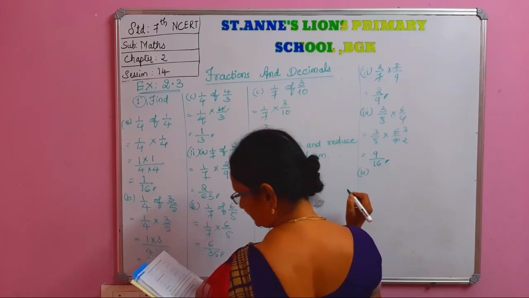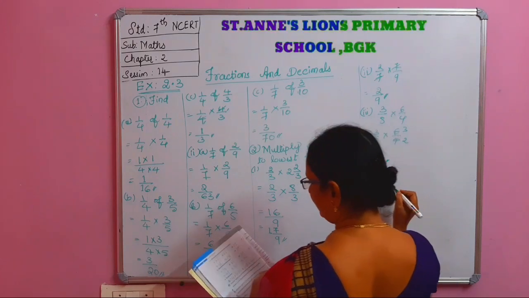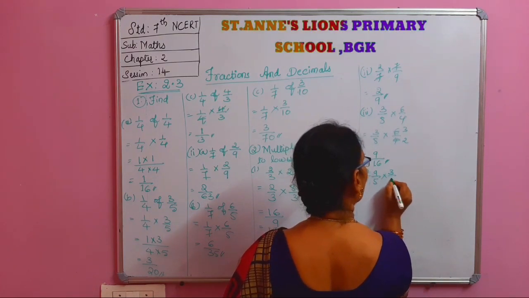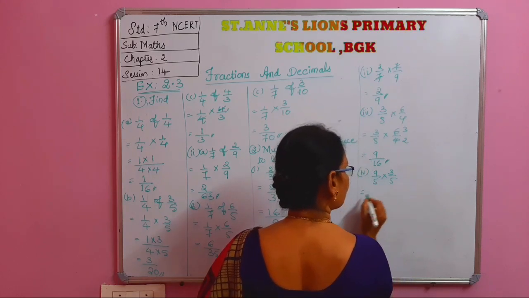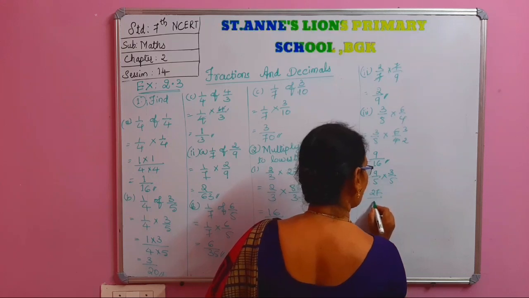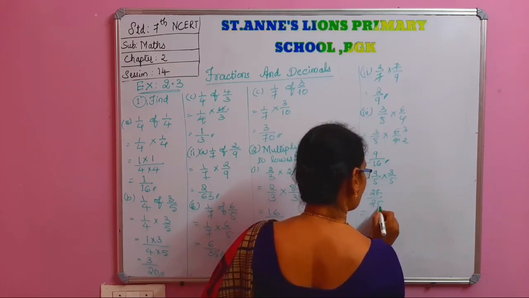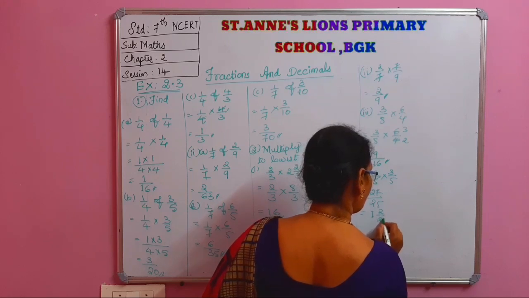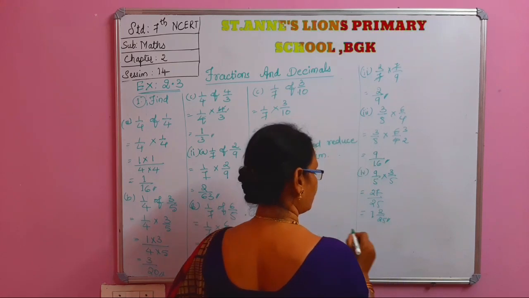Then the next one is the fourth one, that is 9 by 5 into 3 by 5. No cancellation. 9 3s are 27, 5 5s are 25. Answer: 25 1s are 25, here 2 remain, 1 integer 2 by 25 will be the answer.